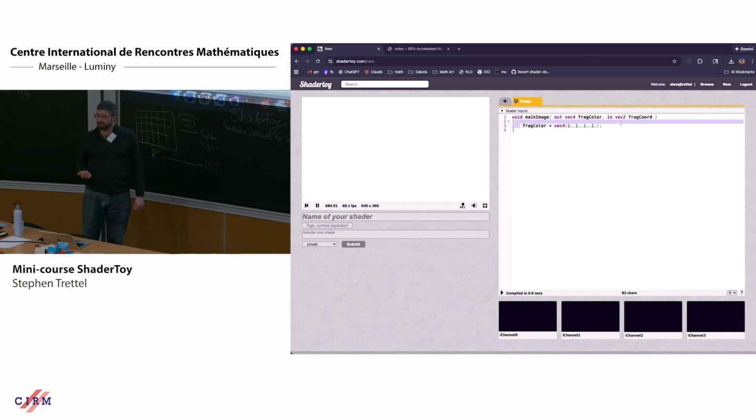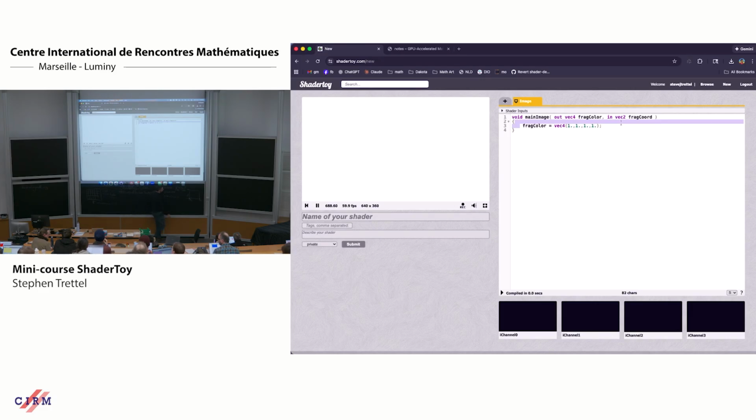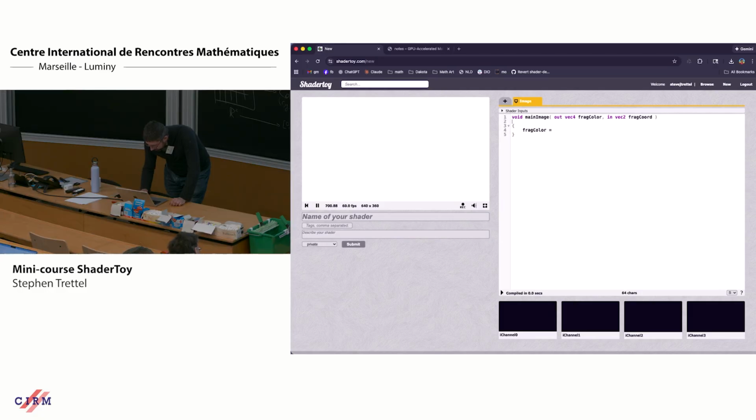Let's try and make a more exciting image. What I want to do now is make half the screen red and half the screen blue. So instead of just typing in here frag color equals one color, let's think about how we would do that.